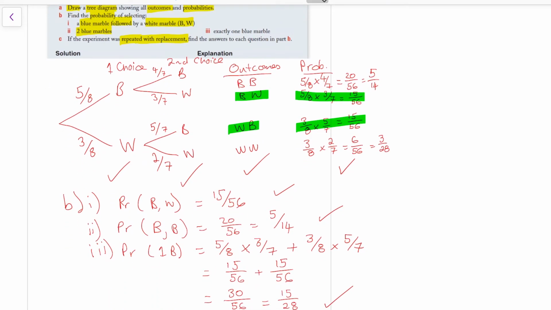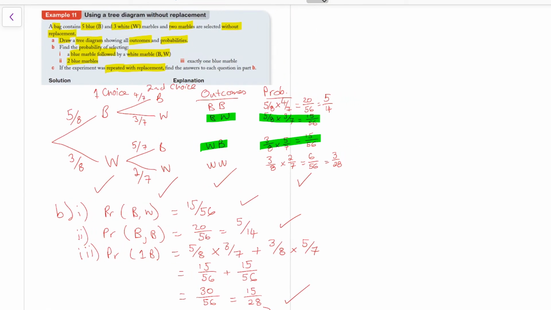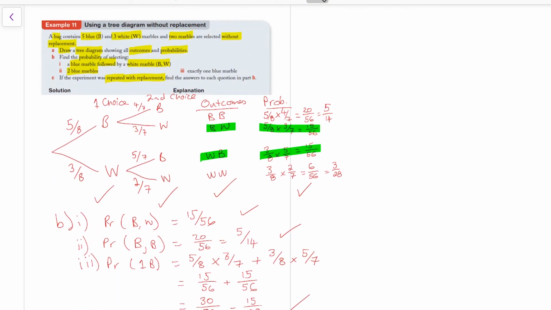If you would like to have a go at doing question C, have a look at the result for that on page 182 in your textbook. That will tell you what the result is for C. Hopefully this makes a little bit more sense and you will be okay with completing the questions.